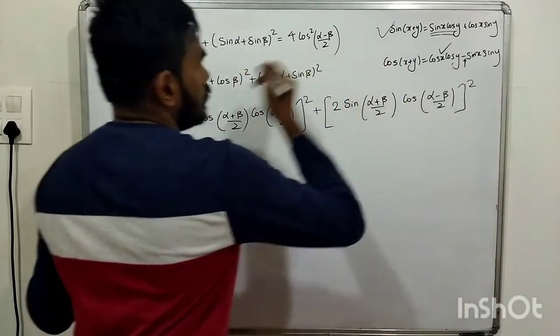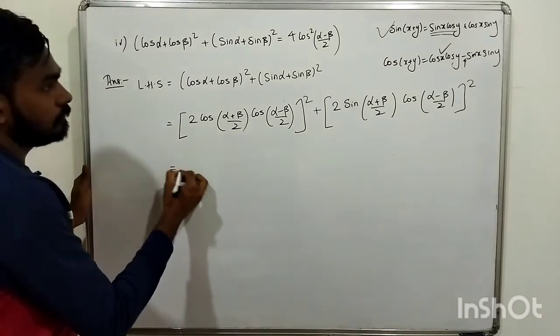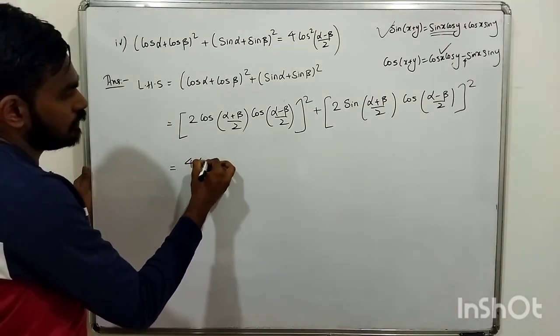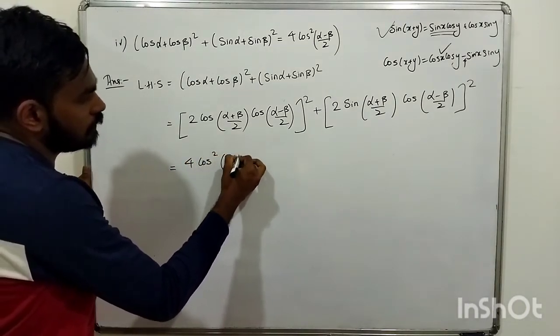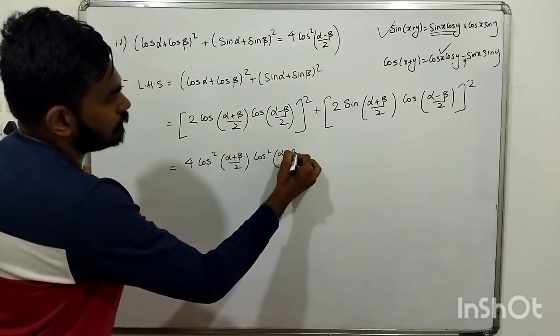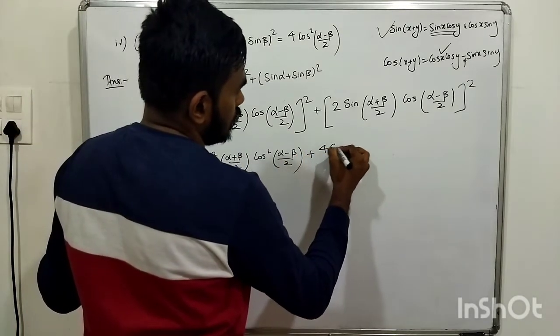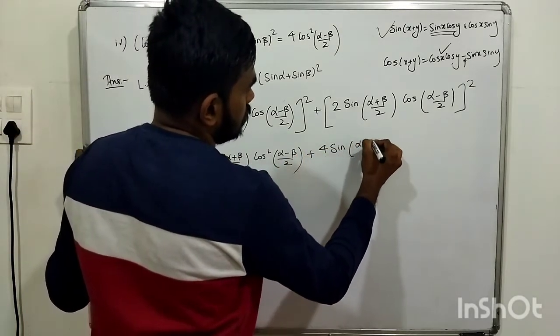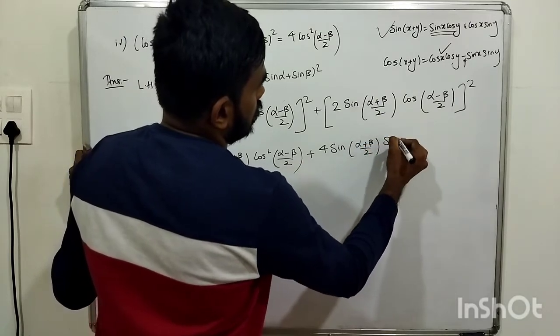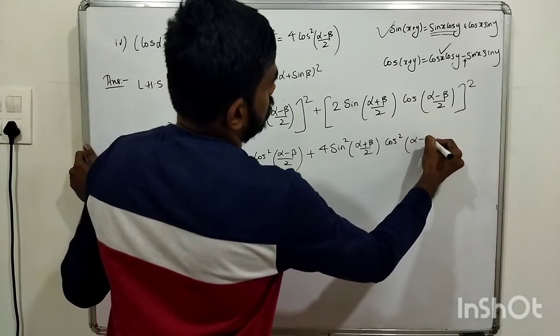Now just simplify. 2 square is 4 cos square (alpha plus beta) upon 2 into cos square (alpha minus beta) upon 2. Similarly here again 2 square is 4 sin square (alpha plus beta) upon 2 into cos square (alpha minus beta) upon 2.